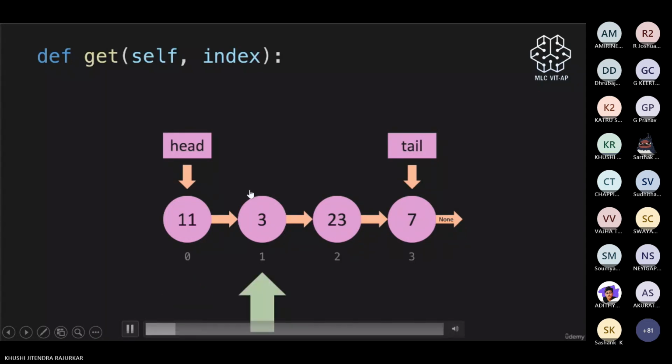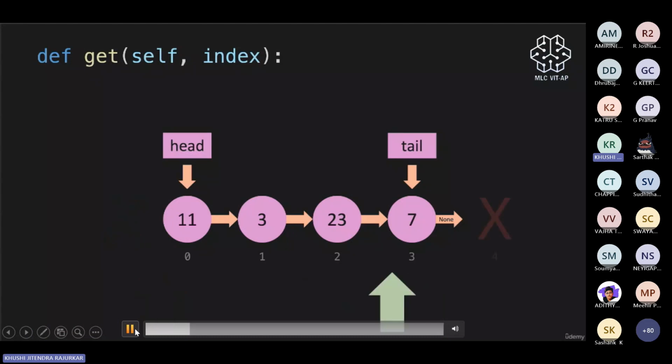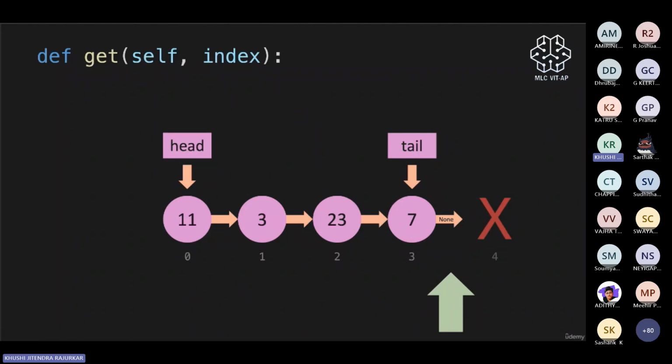Maybe whenever the user is giving their input, they might be giving an out of bounds value as their index.